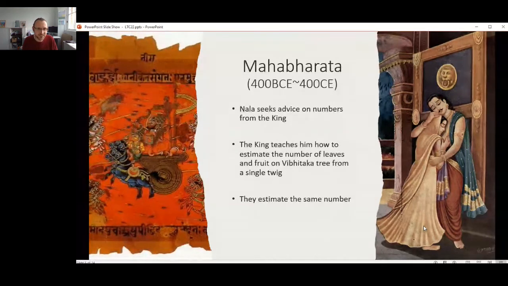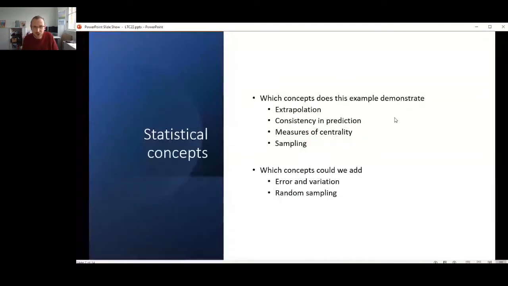So what do our students take from this? Well, in terms of what concepts we cover in our courses: concepts of extrapolation, the consistency in prediction, so that two people can use the same equation, plug in the same numbers and arrive at the same outcome. Measures of centrality, that one twig or that one branch is a typical measure that we could use.